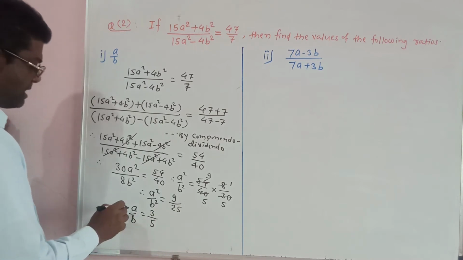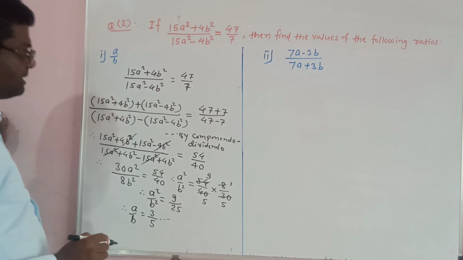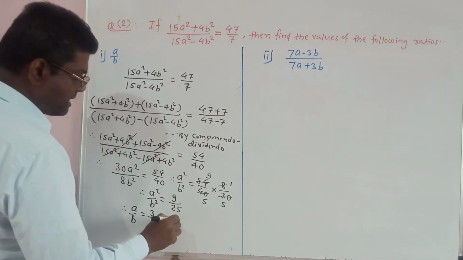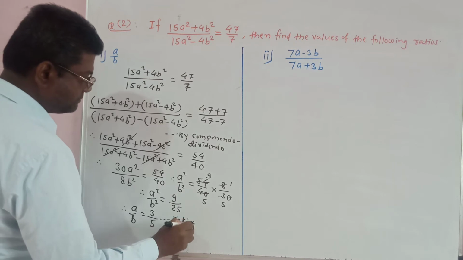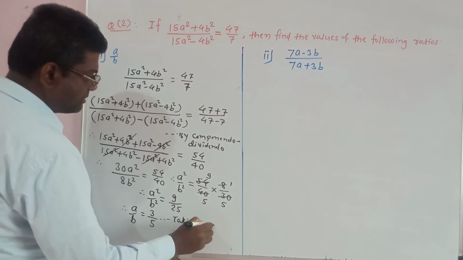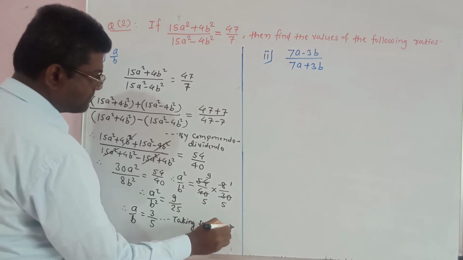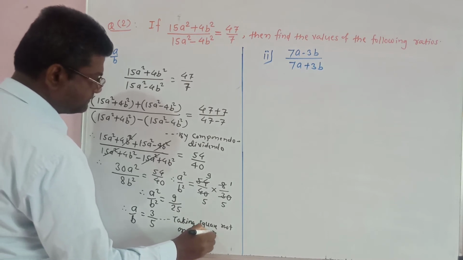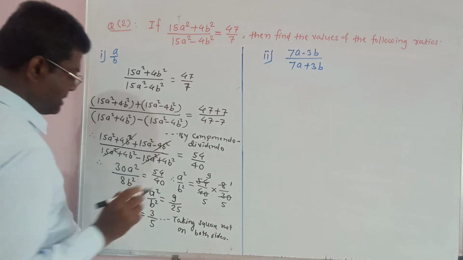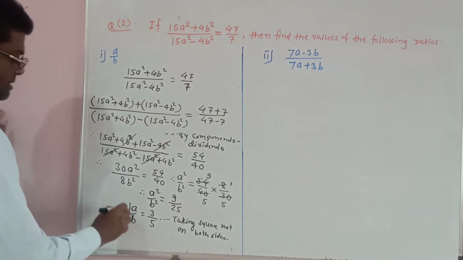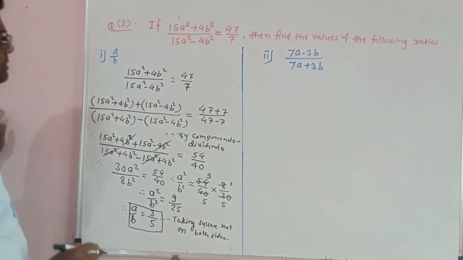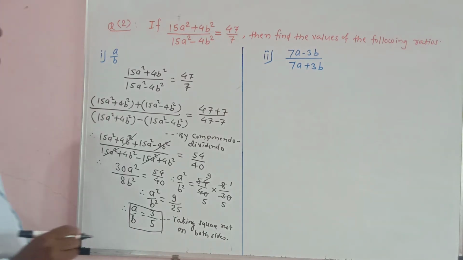Therefore we have the value a upon b is equal to 3 upon 5. Here we write taking square root on both sides. Therefore our answer is a upon b is equal to 3 upon 5.